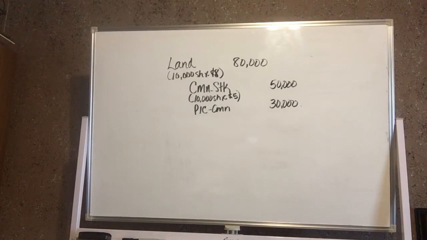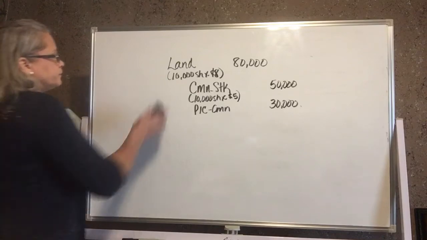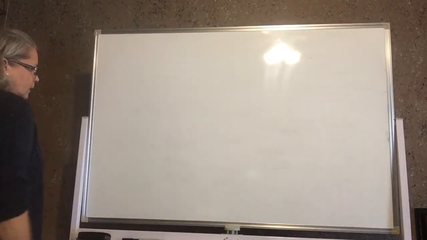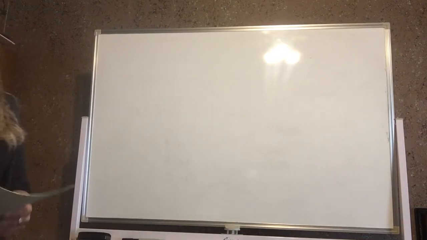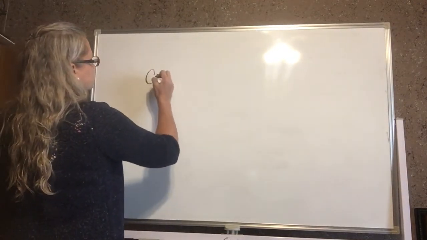On May 10th, Jack Corporation issues 2,000 shares of $10 par value common stock for cash at $18 per share. Well, if I'm issuing shares of stock, then somebody's paying me cash in this case. So I know I'm getting cash.